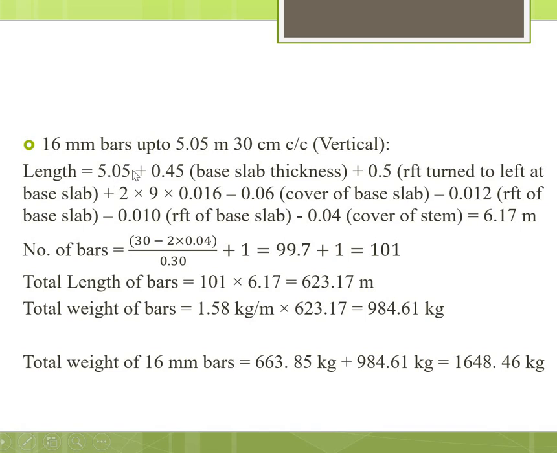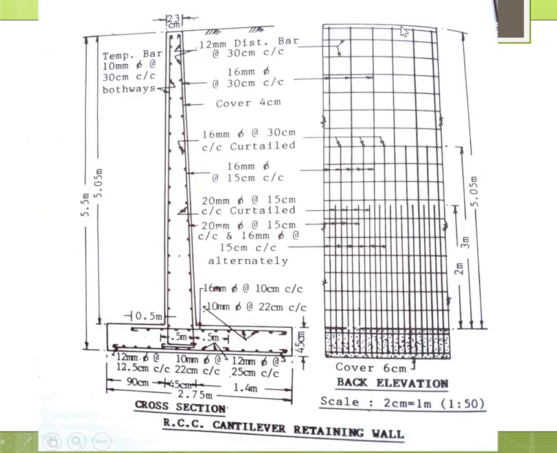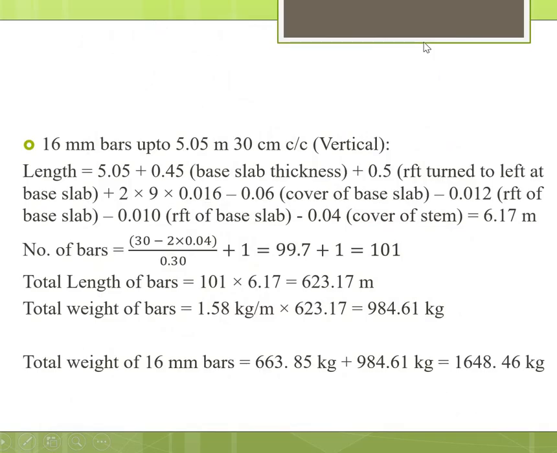Here it becomes 5.05 plus 0.45 plus 0.5 that turning on the base slab plus your hook length minus the cover of the base slab minus reinforcement, and here you have to subtract the cover of the stem also, because the bar is going to the top layer but it is stopped at a distance lesser than 5.05. This distance has to be reduced. So because of that the cover of the stem should also be reduced, and this is your total length.